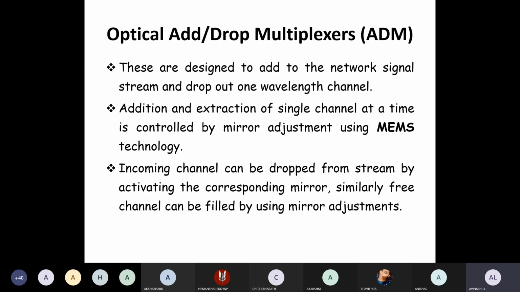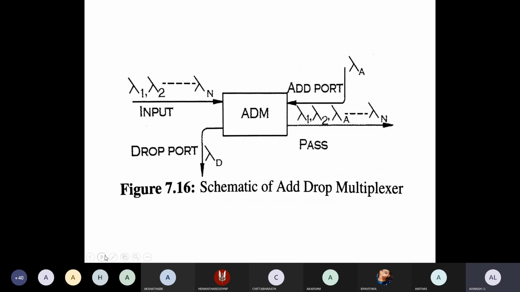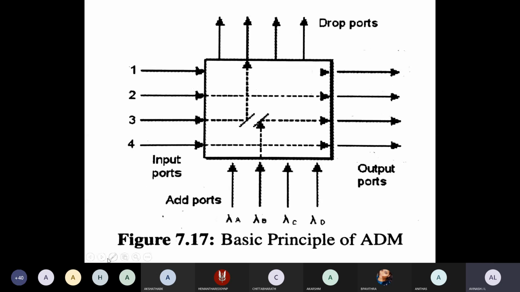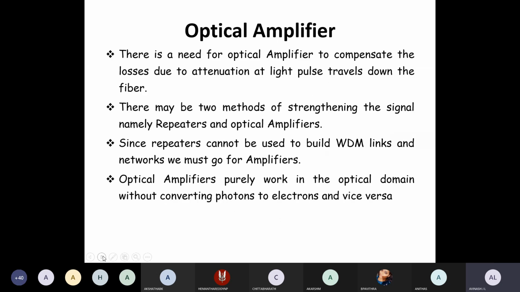Once you have done this, I hope you have taken this diagram. These are the related explanation and figures for the ADM, that is, add drop multiplexers. Now after understanding all these things, we can go for the optical amplifier.